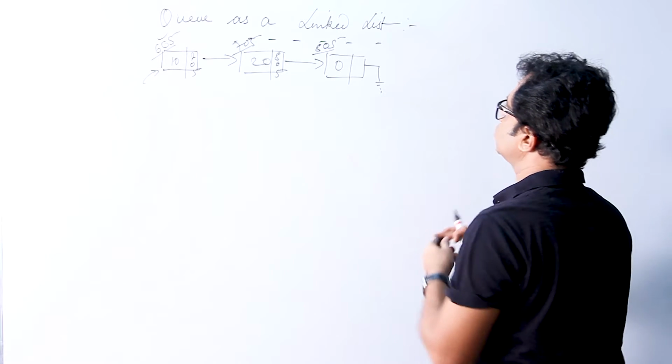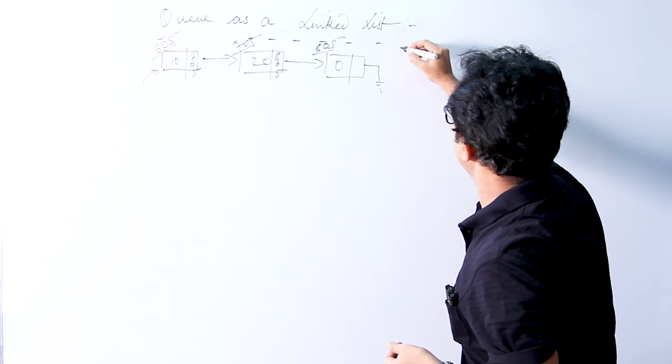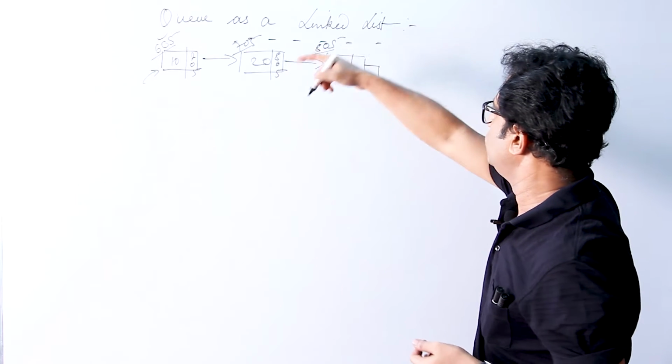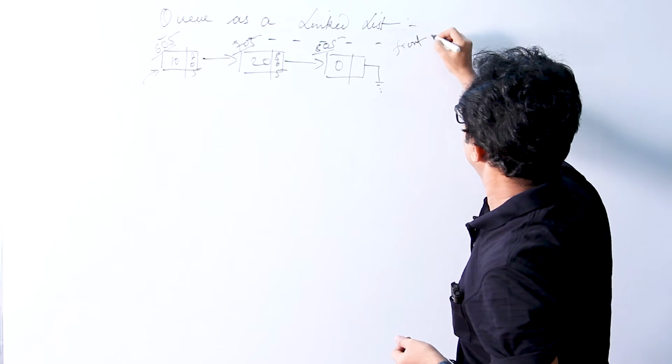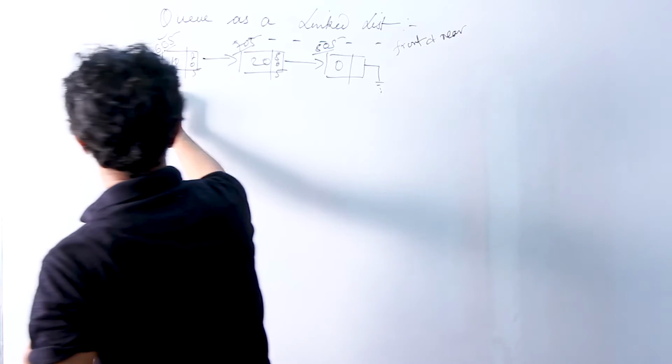That is, Q has two important parameters, just like stack has the important parameter top. Two pointer variables will be associated with the Q in this example, that will be front and rear. So front will be this one.